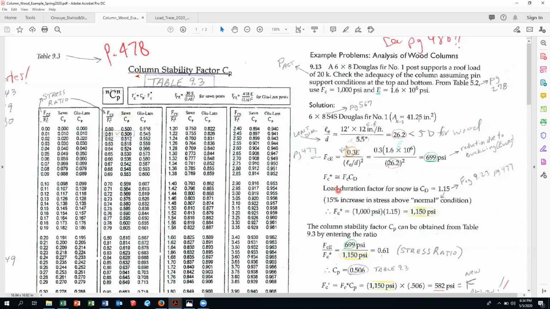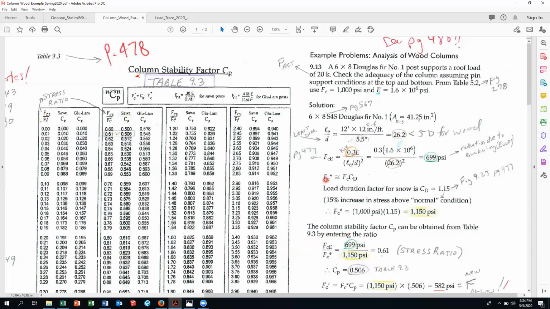So now we have to eventually do a ratio, a stress ratio. How do we get there? Okay, Euler buckling is 699.